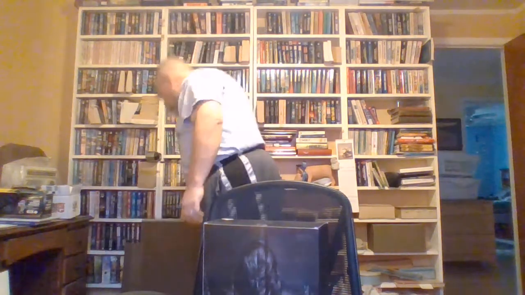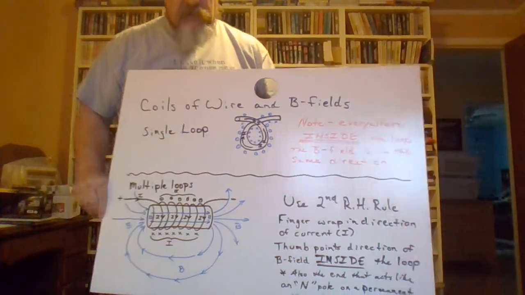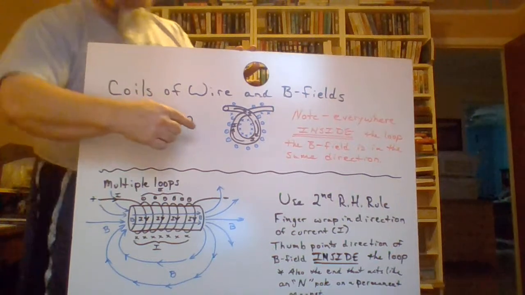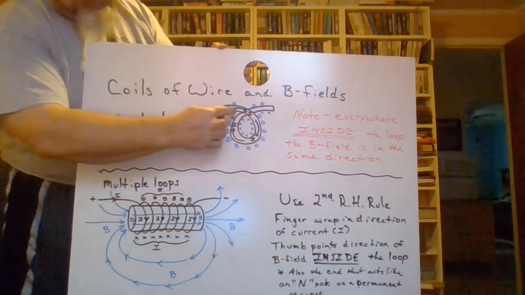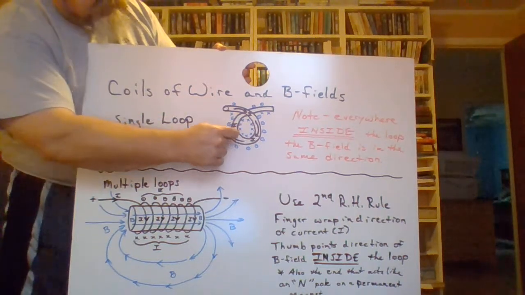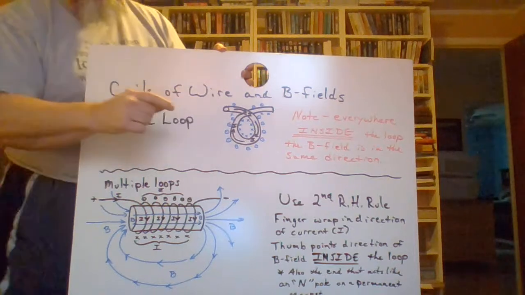Now, what happens when we coil wire? We actually can create an increase in the strength of the magnetic field around the coil, all right? So here we go. If you take a single loop coil, I hope you can see what I've drawn here. You've got the loop going around and the current flowing that way in the loop.